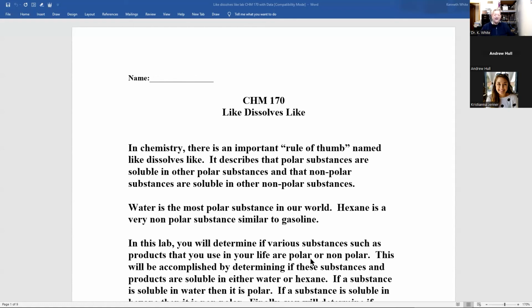Now, thank you, Andrew. In chemistry, there's an important rule of thumb, and that is like dissolves like. It describes that polar substances are soluble in polar substances, and nonpolar substances are soluble in nonpolar substances.